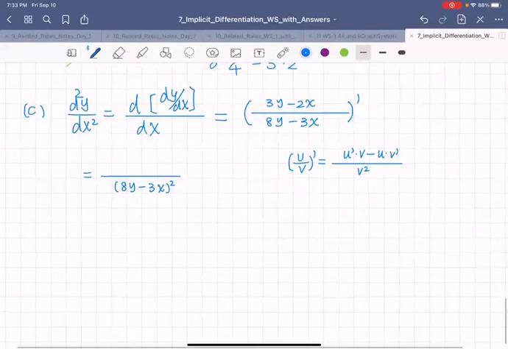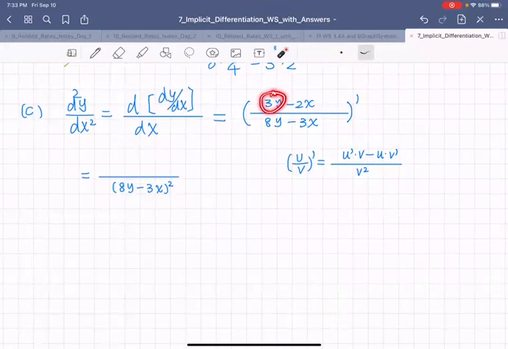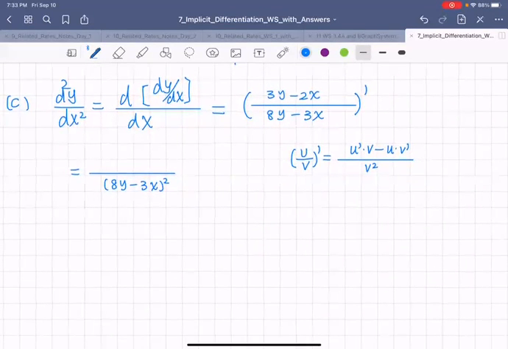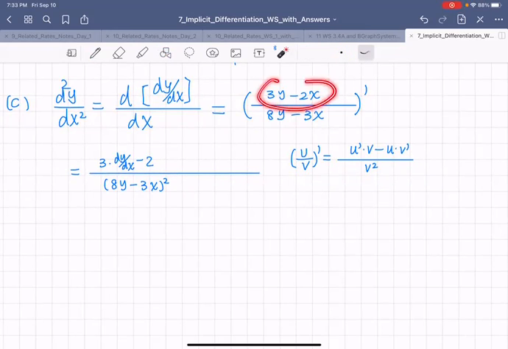Now this one: 3 times dy over dx minus 2, very good, and then times 8y minus 3x. The top one's derivative times the bottom one.